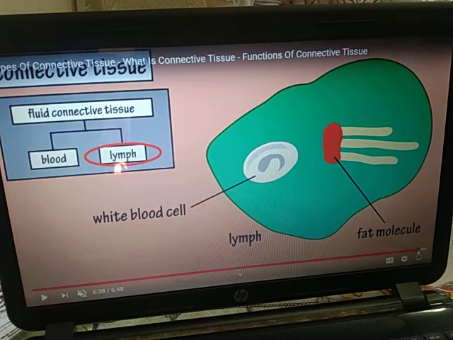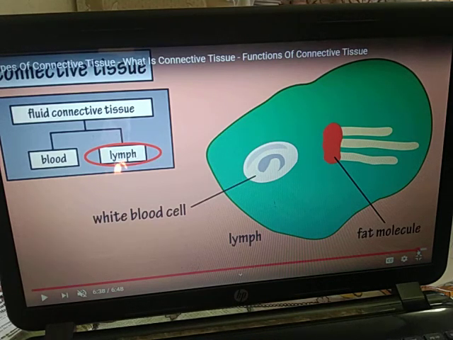About lymph, it is not discussed in much detail. Lymph is a fluid that comes out from the blood vessels, except the RBCs. Except RBCs, plasma, WBCs, or some amount of proteins, nutrients or mineral ions leak from the blood vessels into the cells.